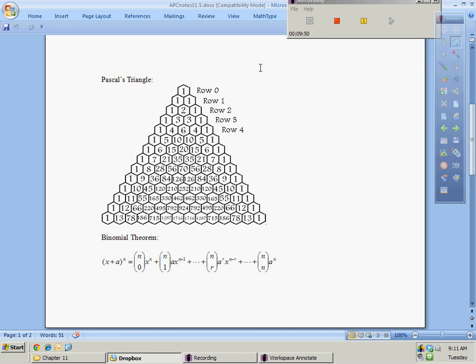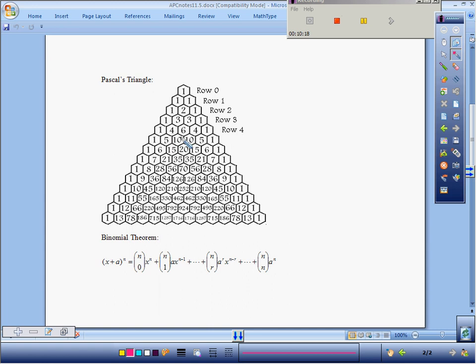Well, what's kind of cool about Pascal's triangle, let's say I want this number right here. This is row 5, right? Since this is row 0, you have to remember that this is row 0, row 1, and this is column 0, column 1, column 2.